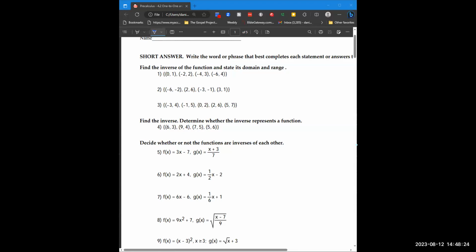My domain of my inverse function is equal to my range of my original function, and my range of my inverse function is equal to my domain of my original function. X's and Y's, if you want to think in terms of X and Y's, they switch places.